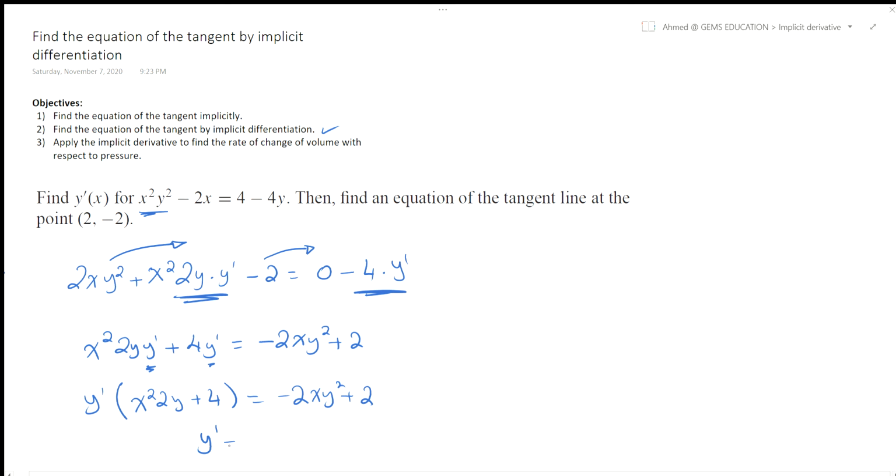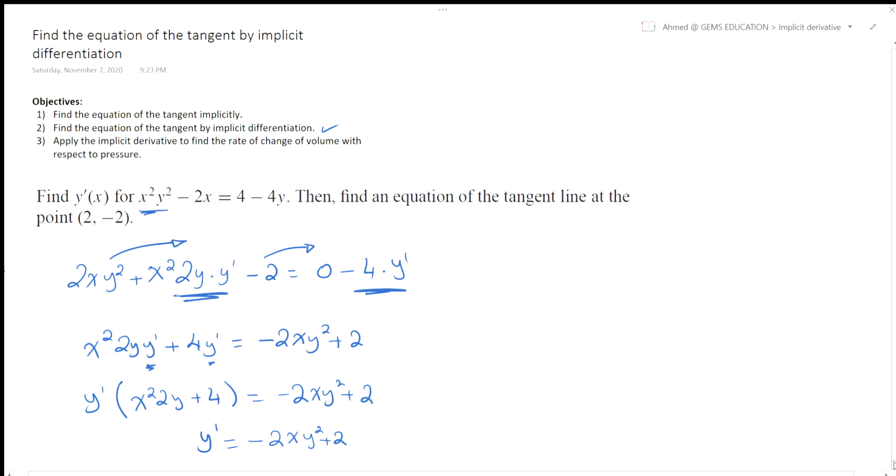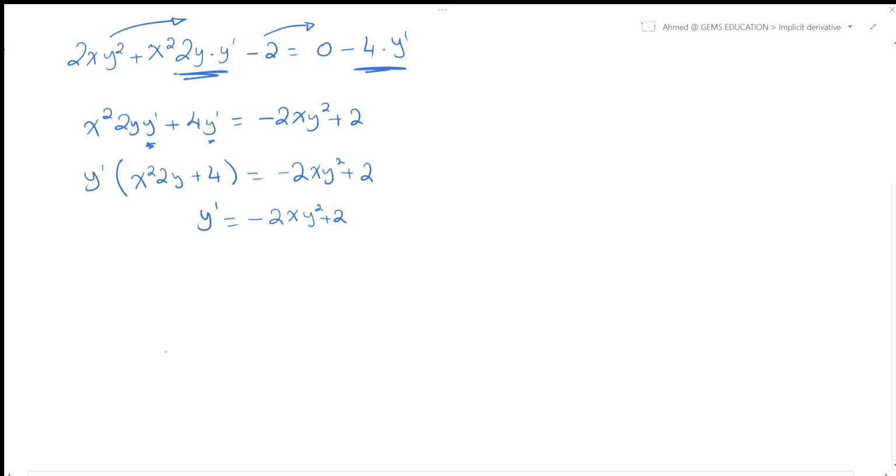So y prime is equal to negative 2xy squared plus 2, all divided by the bracket, x squared 2y plus 4. I've got the first part of the question, which is finding y prime.